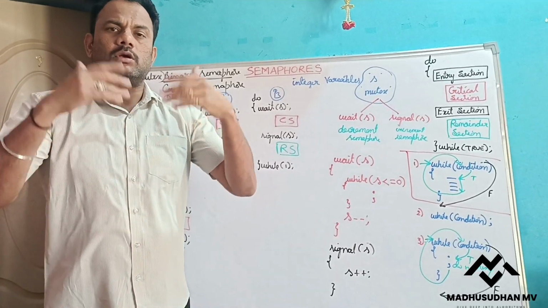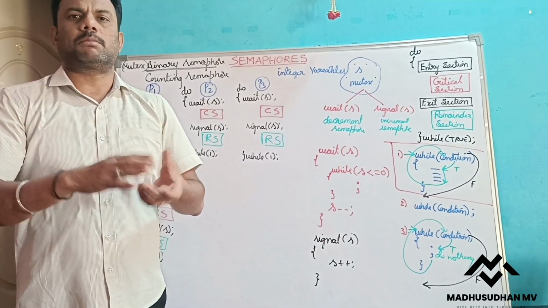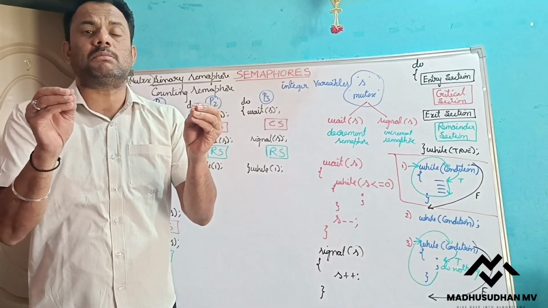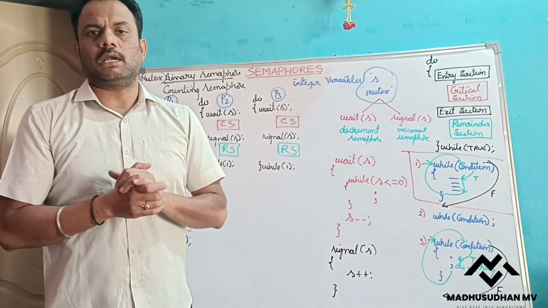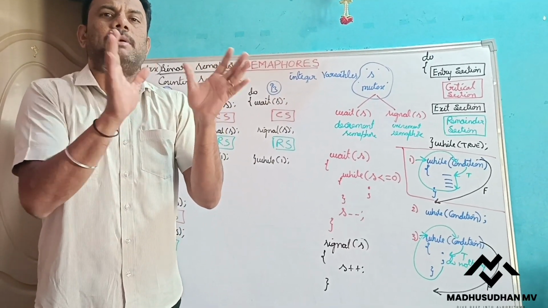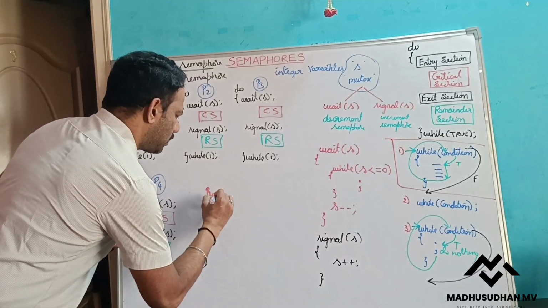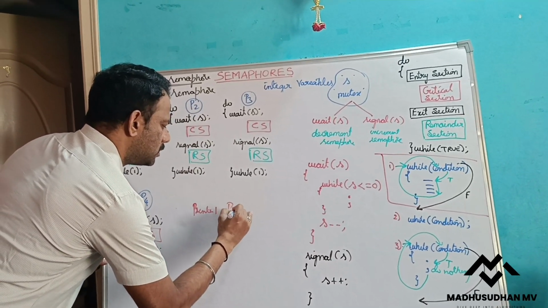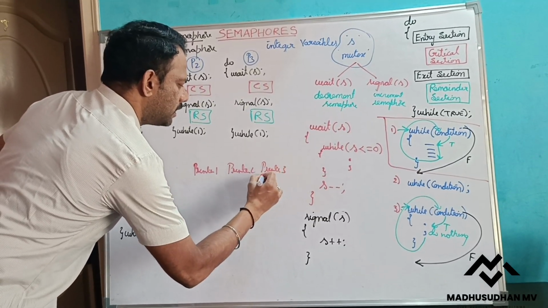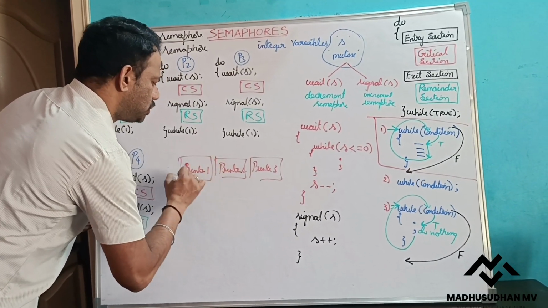Now assume a Xerox shop, a printing shop near your college or university. Generally they have a minimum of 2 to 3 printers, because the crowd will be more. Assume I have printer 1, printer 2, printer 3, so 3 printers in one shop.